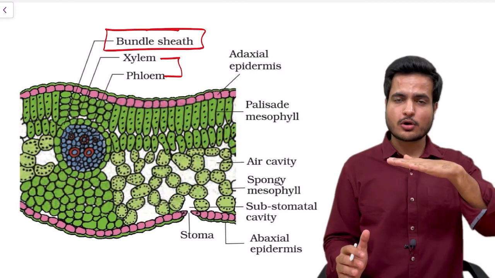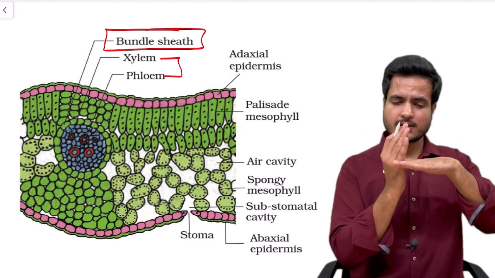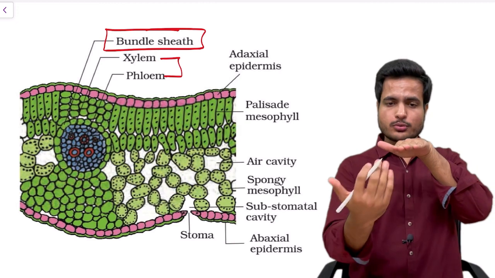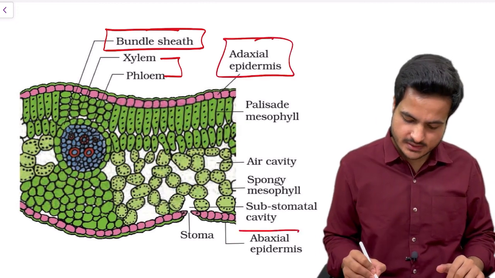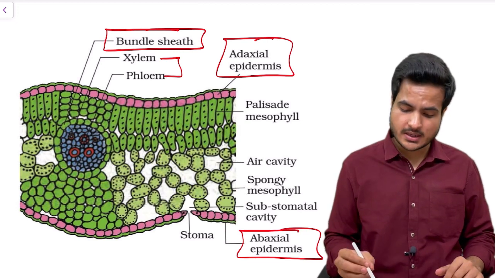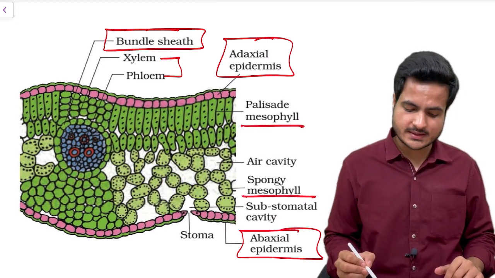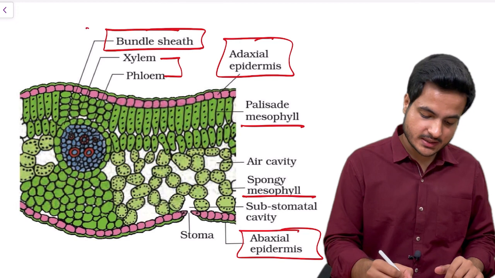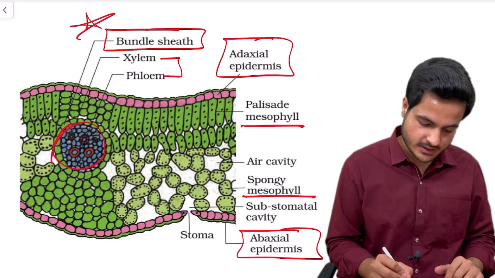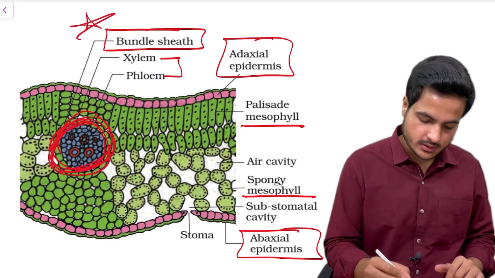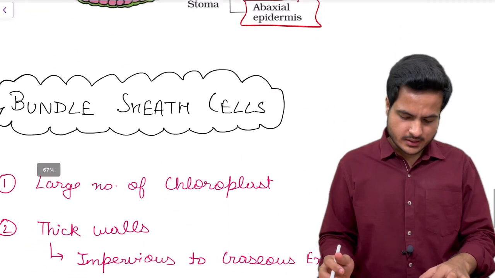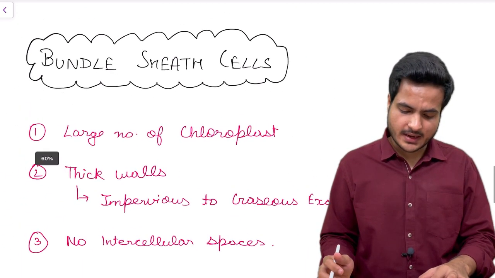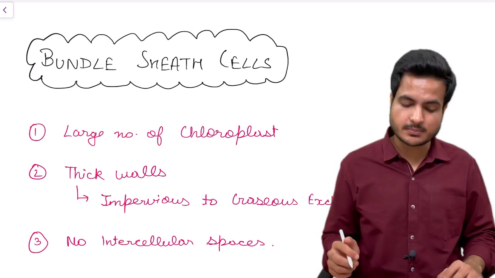You can see the dorsal epidermis, then the ventral epidermis and two types of mesophyll cells. Here you can appreciate the presence of bundle sheath cells, which I am marking right now, around these vascular bundles.